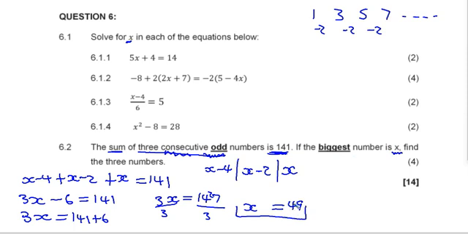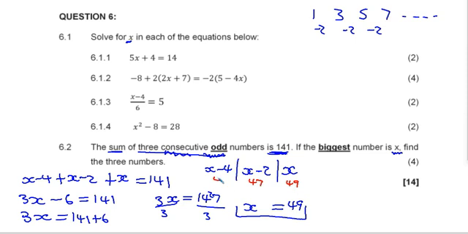If the biggest of the three is 49, the next one there is 49 minus 2. This is 49. The next one is 49 minus 2, which is 47. And then the next one is 47 minus another 2.